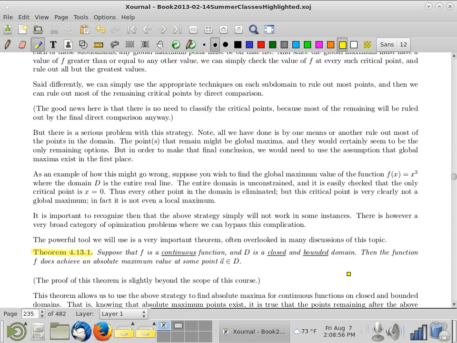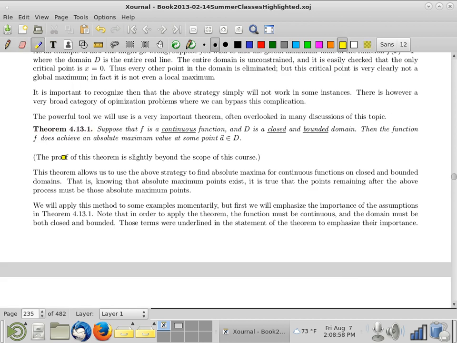So what we're going to have to settle for as consolation is a theorem here that says that under certain conditions it's true. So here are the conditions. These are important conditions. The objective function, we need to check that that's continuous. The domain has to be closed and bounded.